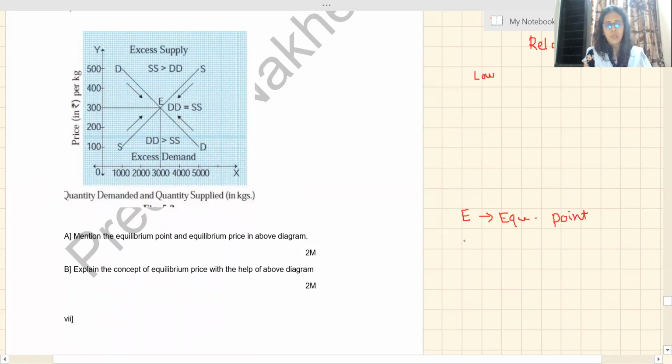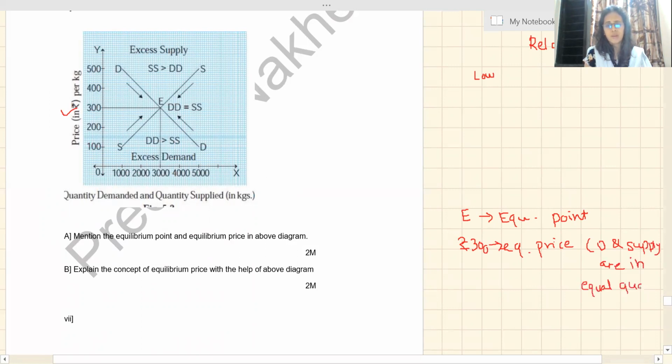Now you can see price they have shown on the y-axis. They have not given any OP or something. Let it be. So we will write equilibrium price is equal to rupees 300. Equilibrium price is the price at which demand and supply are in equal quantity.